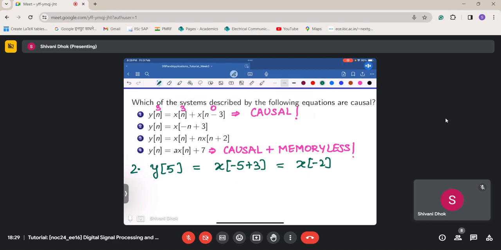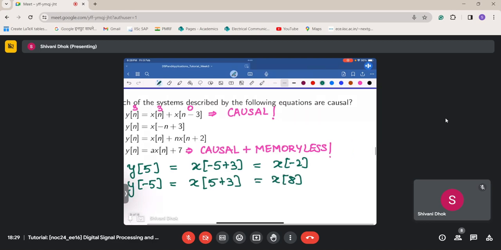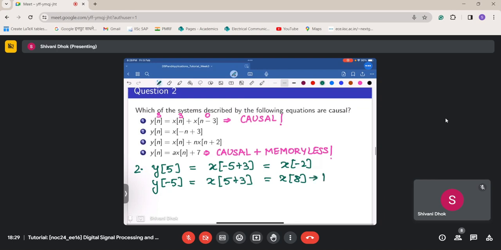But now if I look at y of minus 5, then this will be equal to x of 5 plus 3, which is equal to x of 8. So here we are having future dependency. So this future dependency shouldn't be there for all values of n.